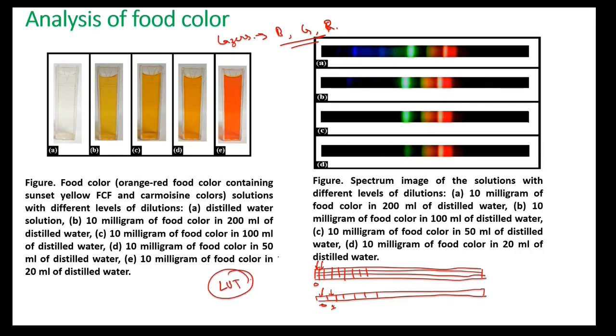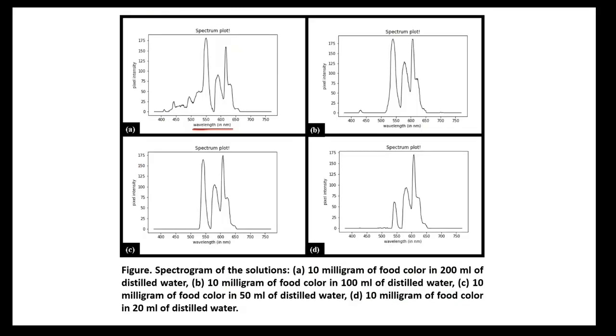From that lookup table we then assign each pixel a particular wavelength, and once we do that, we can get pixel intensity versus the wavelength values. Okay.